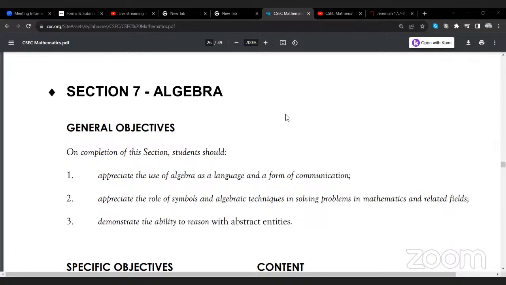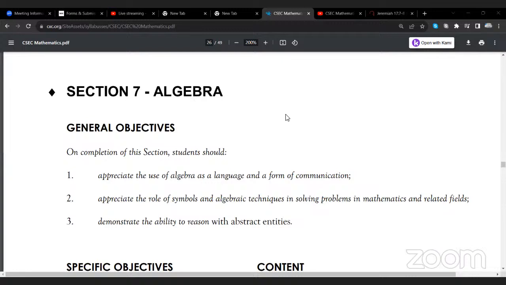The second thing is to appreciate the role of symbols and algebraic techniques in solving problems in mathematics and related fields. And so we're going to look at a video.